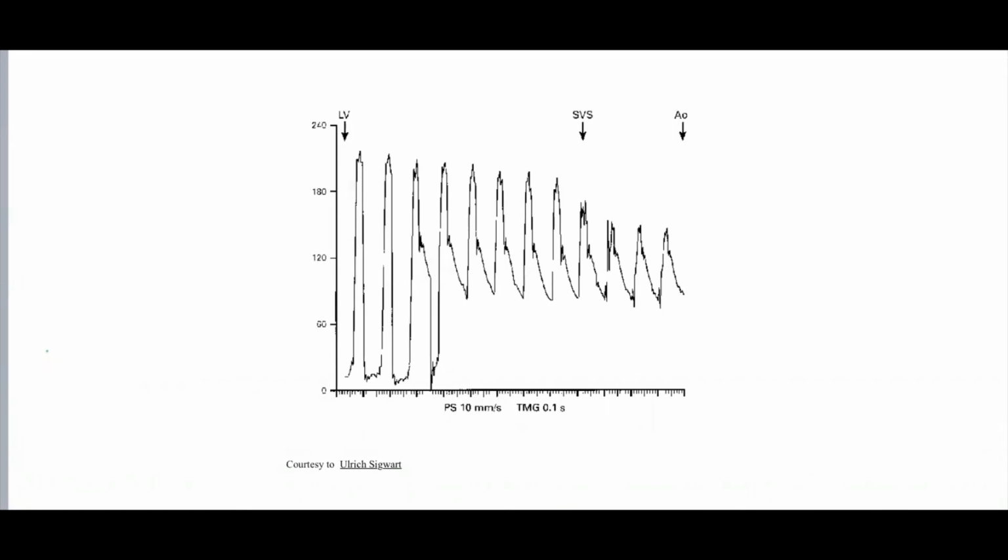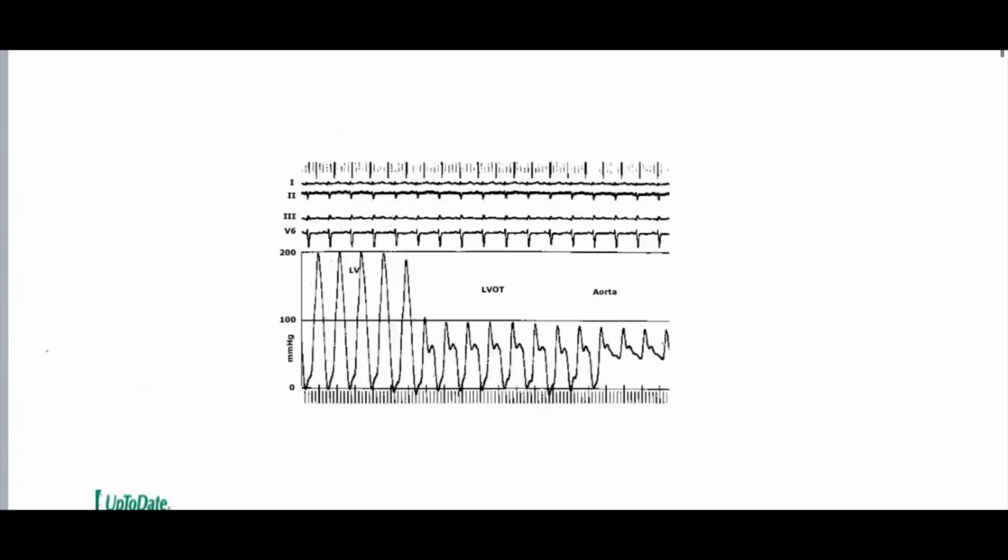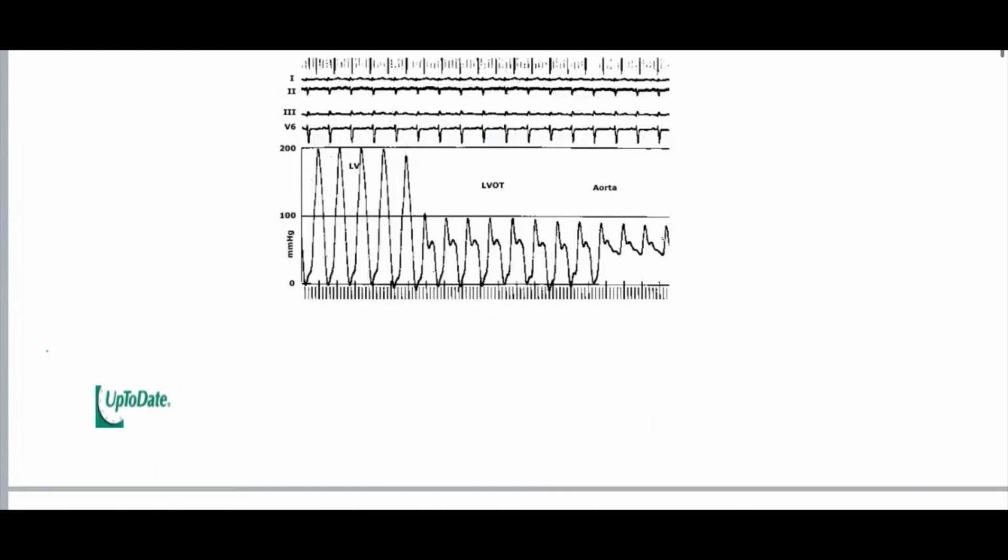So this is an aorto-aortic gradient. That is what? Coarctation. Exactly. And what is this? This is an LV gradient. So this is either a subaortic membrane or HOCM.